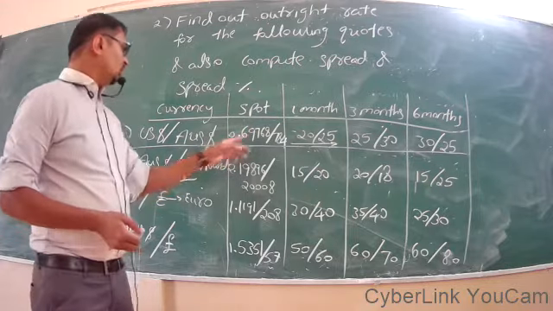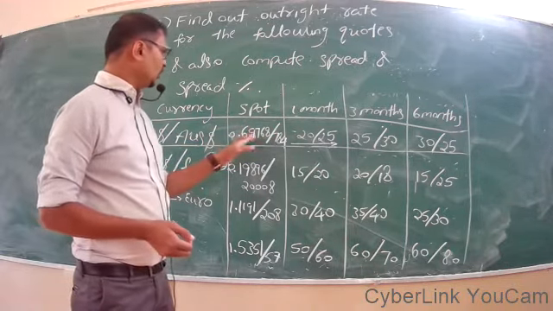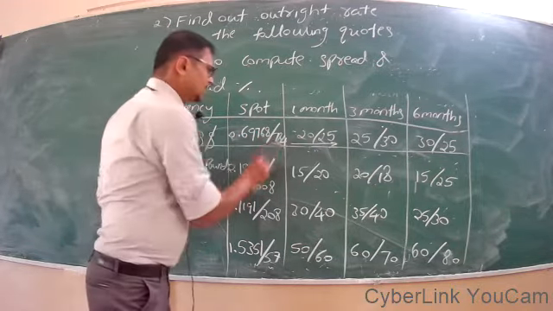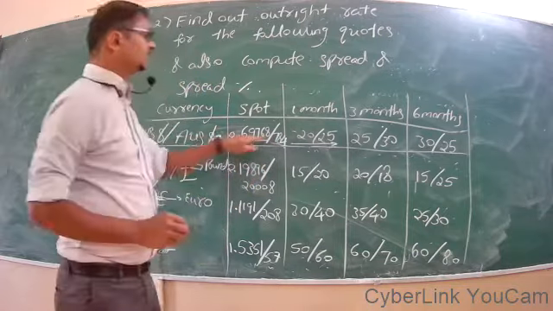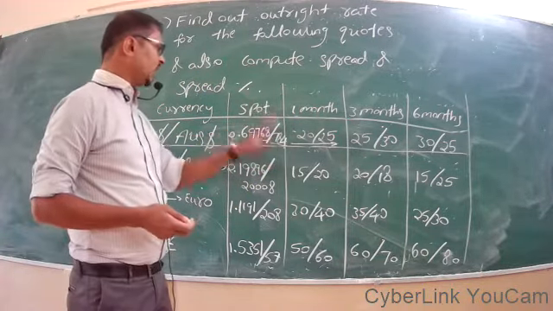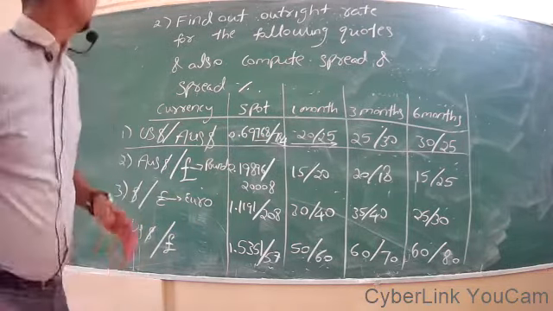So 0.69768 oblique 0.69784. The last three digits mean you have to replace these three digits. Fine. So the higher one is your ask price and the lower one is your bid price. So let us solve this problem.